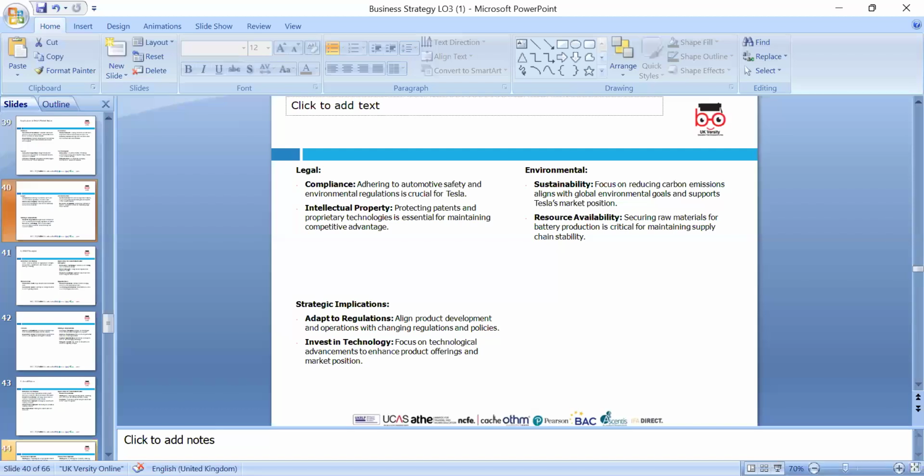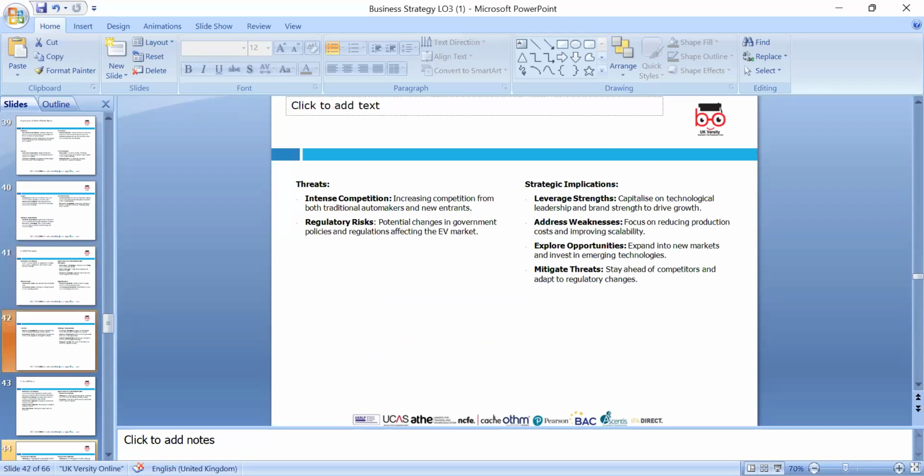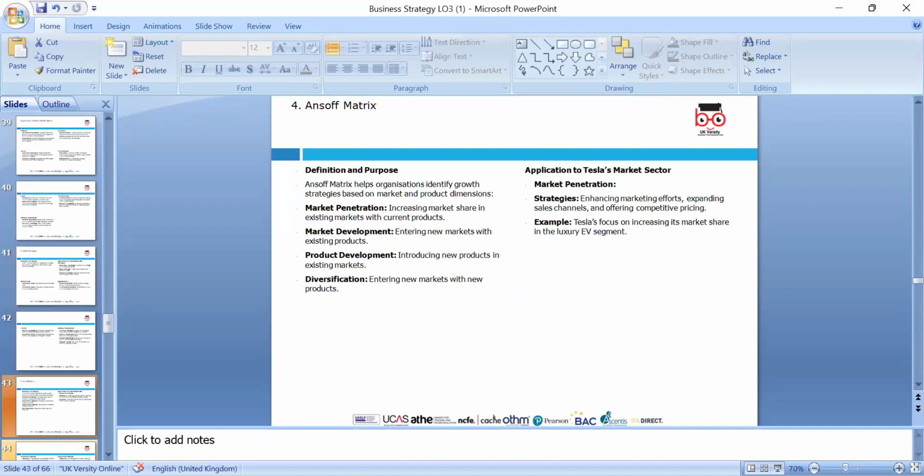Then legal factors: we have to look at different laws, health and safety, intellectual property rights, strategic implications, adopting new legislation, environmental sustainability and resource availability. Or we can use the VRIO model, in the light of SWOT: strengths, weaknesses. We can apply it to Tesla, like we saw in the beginning, and then contextualize it now according to the learning outcome. So it's quite good to apply the same model to Tesla as we saw earlier.